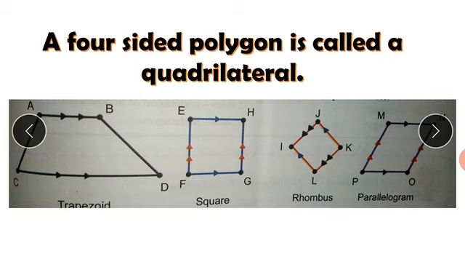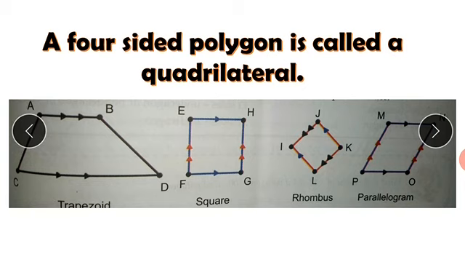So let's proceed. A four-sided polygon is called a quadrilateral. I will repeat, a four-sided polygon is a quadrilateral. Remember that some quadrilaterals have two pairs of parallel sides, while others have one pair or no pairs of parallel sides. So what are the parallel sides here?